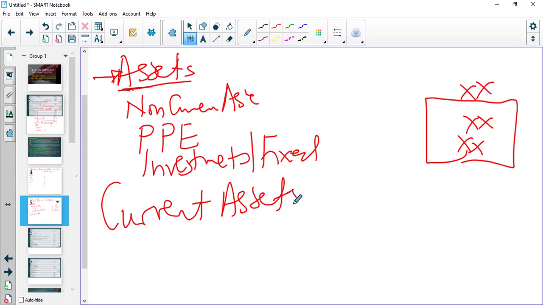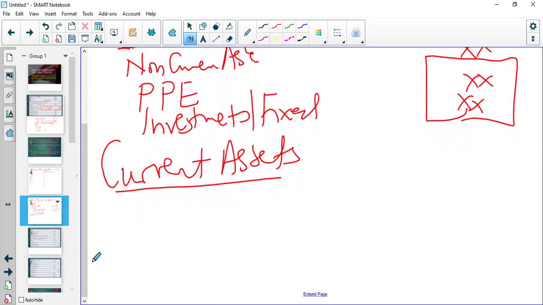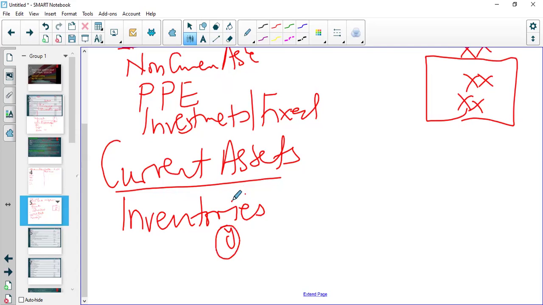So under our current assets, I'm going to generalize here. We start with our inventory, and remember, it's reported as inventories. You don't have to say inventory with a Y. It's inventories because it includes trading inventory and other consumables.